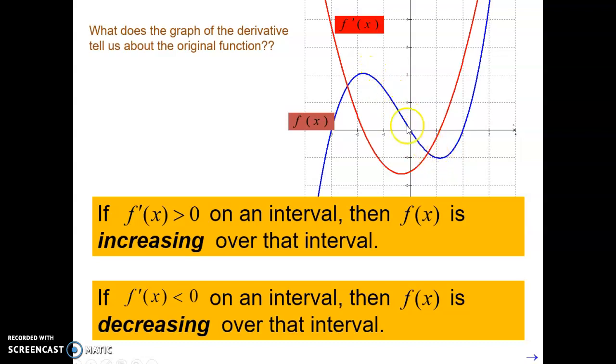When the derivative is negative, you can see the curve is falling down. And notice the derivative function is below the x-axis because the slopes of the blue curve are all negative values here.